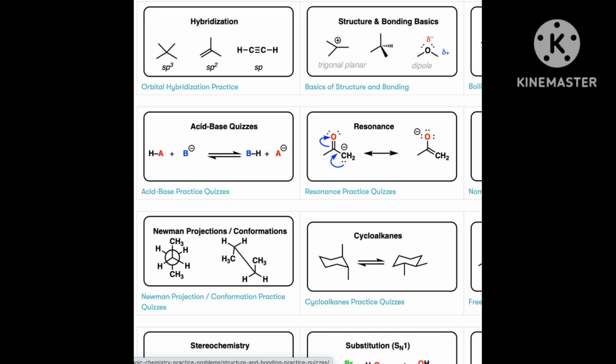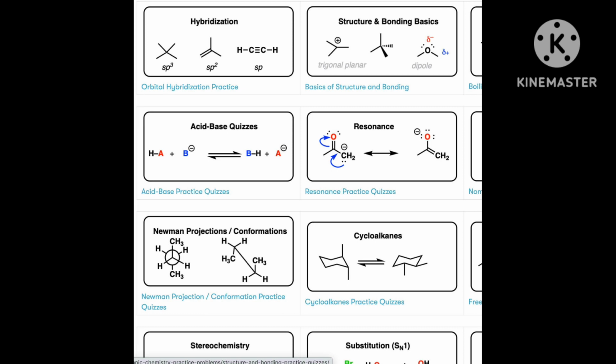In a pi bond formation, parallel orientation of the 2p orbitals on adjacent atoms is necessary for a proper sidewise overlap. Already I have told you how a pi bond is formed.